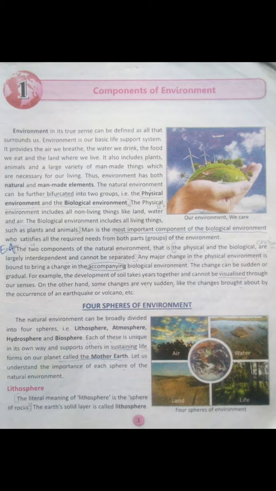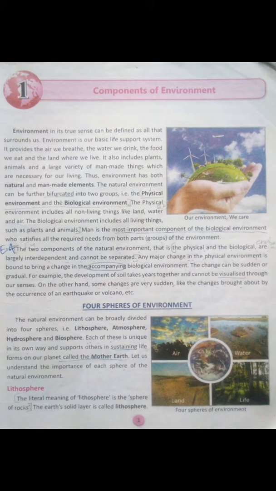The physical environment, for example, includes all the non-living things like land, water, and air. The biological environment includes all living things such as plants and animals.